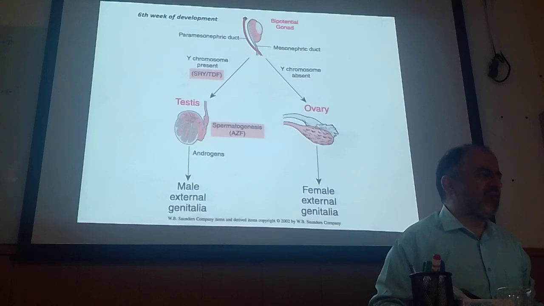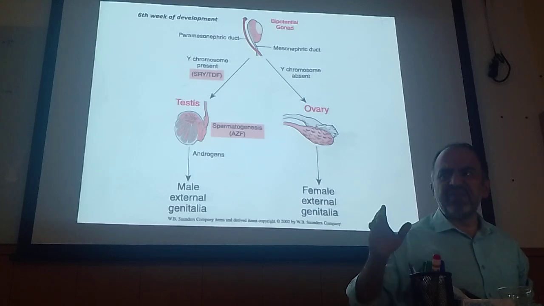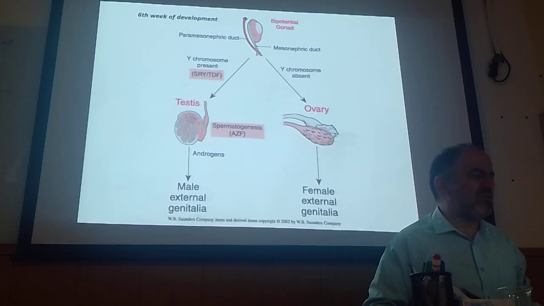If the Y chromosome is there, it will go to testis. If the specific region of the Y chromosome, the testis determining factor, is there, it will go to be male. If the Y chromosome is absent, it will go to be female. Androgen is there, male external genitalia. Estrogen, progesterone, female external genitalia.